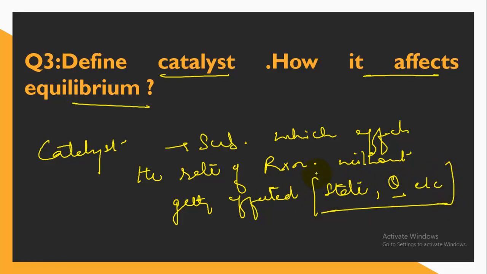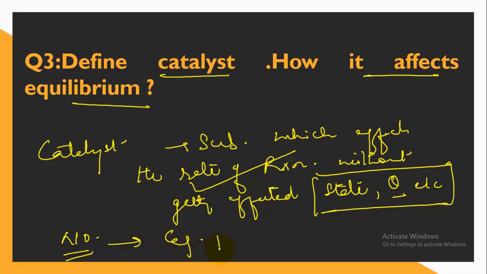It is going to remain as such. It will just increase the rate of reaction. The second thing is, does it affect equilibrium? No, it doesn't affect the equilibrium, but it can actually help the equilibrium point to be achieved early. It can help the equilibrium point to be achieved faster or early, whatever you can say.